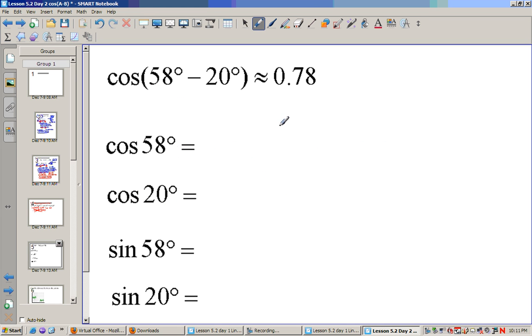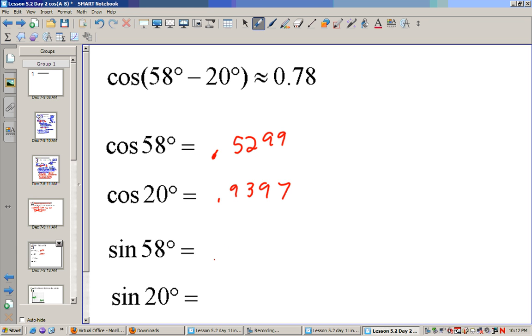Now let's look at each value. Cosine of 58, cosine 20, sine 58, sine 20. This value is 0.5299. This one is 0.9397.